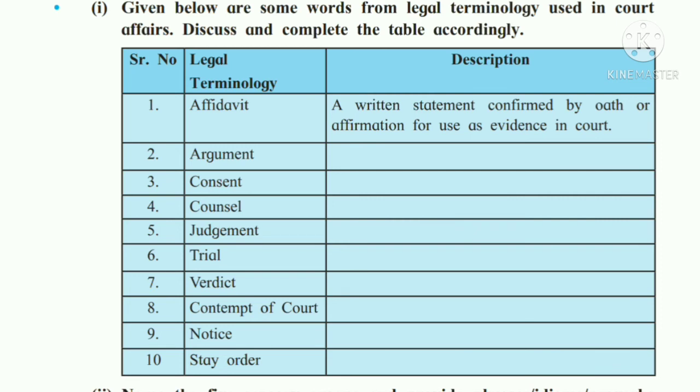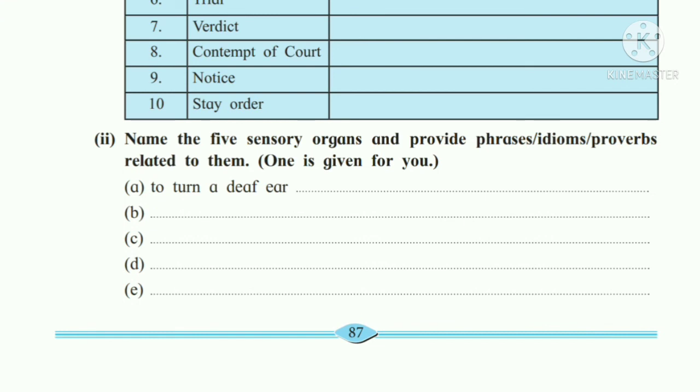Let's move to the last icebreaker on page number 87. See, name the 5 sensory organs and provide phrases, idioms, proverbs related to them. Now one is given for you. To turn a deaf ear.